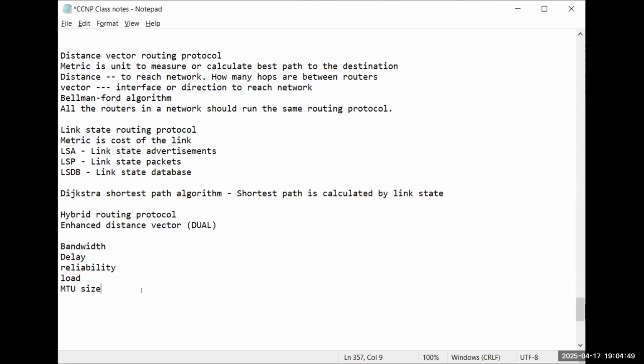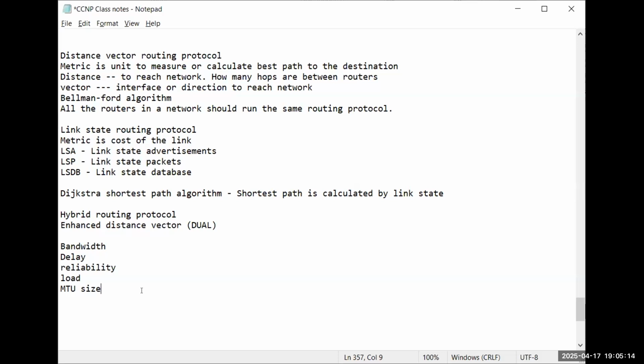And how it sends updates between the routers is by sending a hello packet first, initially. This hello packet information is sent with the distance vector protocol as well as link state. Link state also uses it in order to form a neighborship, in order to initiate.